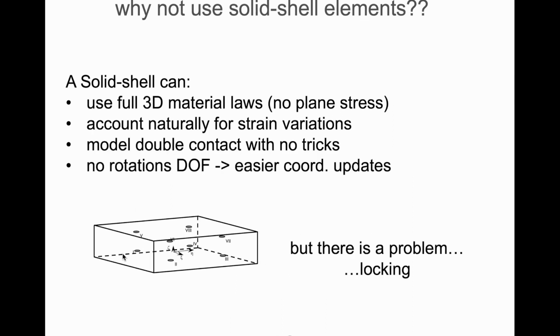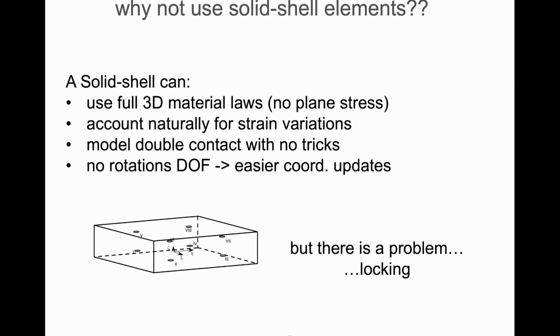There are some advantages compared to shell elements, because shell elements have no thickness, and solids have a thickness. So with that you can use full 3D material laws, so no need to use plane stress assumptions.